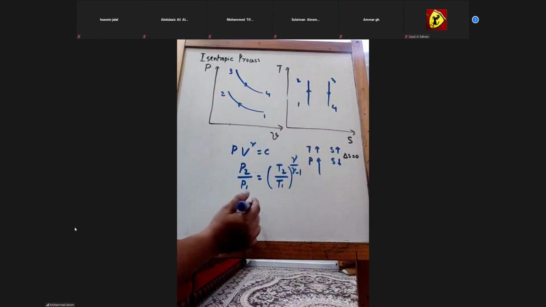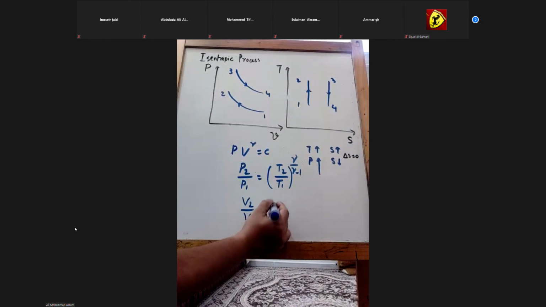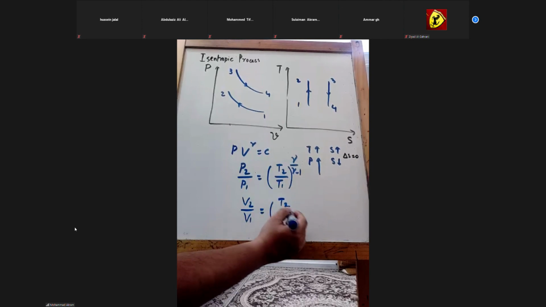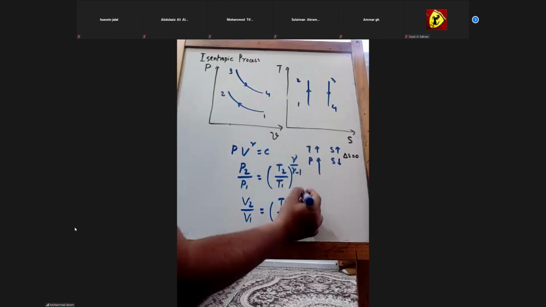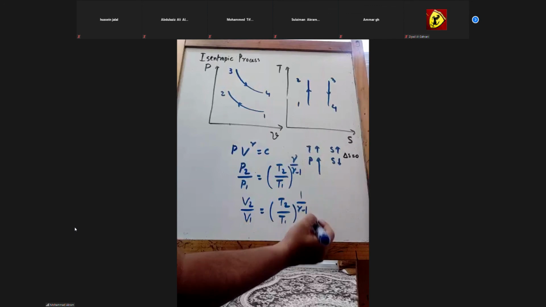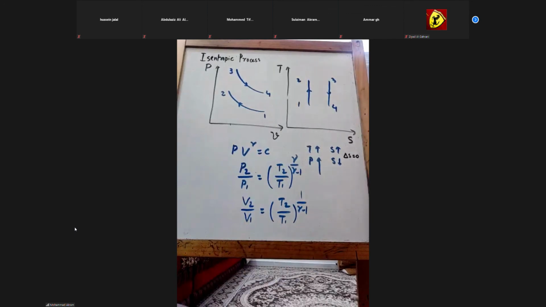Similarly, V2 by V1 equals T2 by T1 to the power 1 divided by gamma minus 1.